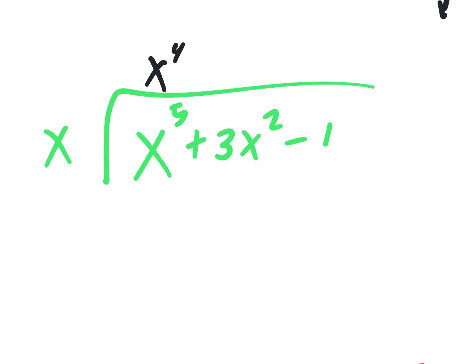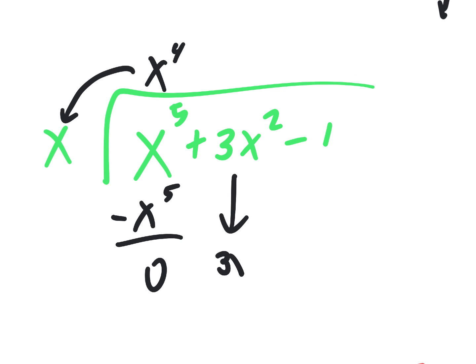If I put an x to the 4th, I multiply it there, I got x to the 5th. Opposite, 0 left, now what? Then I moved down 3x squared. And multiply, so I'm going to put a plus 3x and then 3x squared and then opposite.